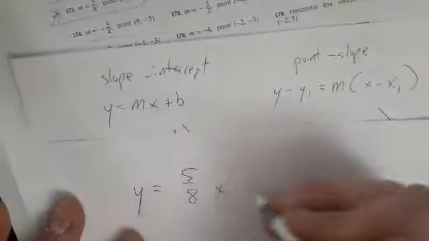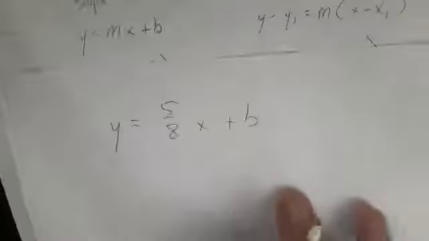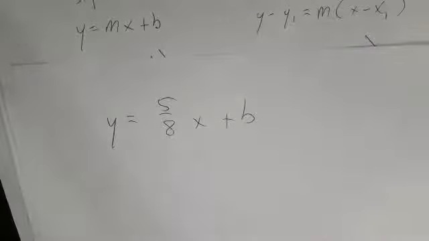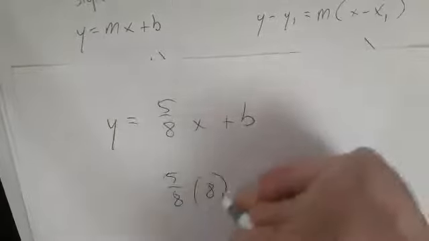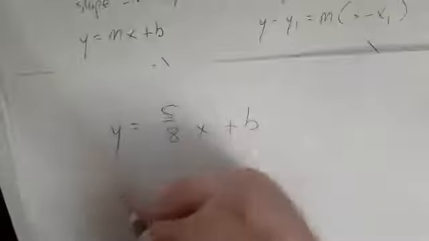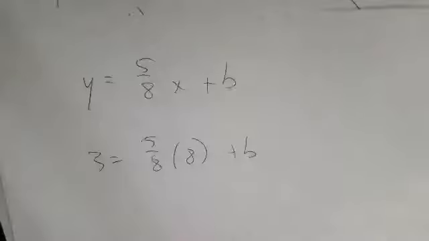You can use 5/8 x plus b, plug in our slope, and we know another point is 8, 3. By plugging in that point, you also get a b, and it gives you the same b. It works. You should get negative 2 out of that.